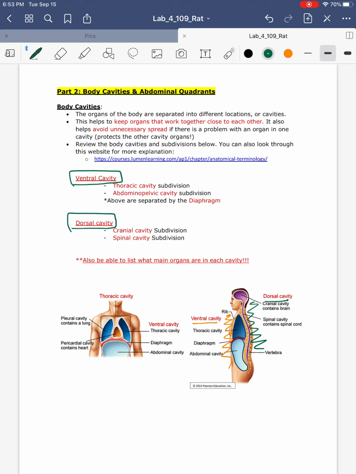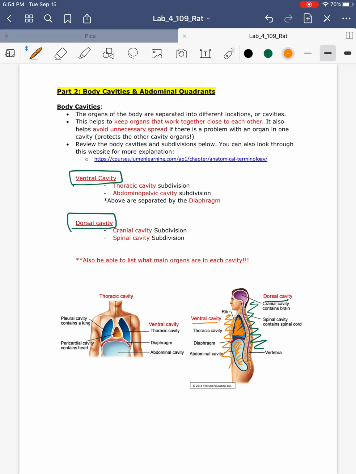And these cavities are what house our organs, and we have subdivisions. So with the ventral cavity, which is the front, the anterior cavity, we have a thoracic cavity, that's where our heart and lungs are, and then our abdominal cavity, further down, further inferior, which houses our digestive organs, reproductive organs, urinary organs.